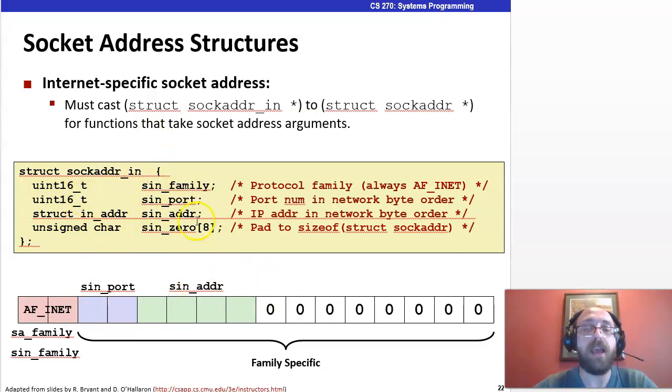We have the address, which is that struct in_addr we saw before, but essentially a 32-bit number.